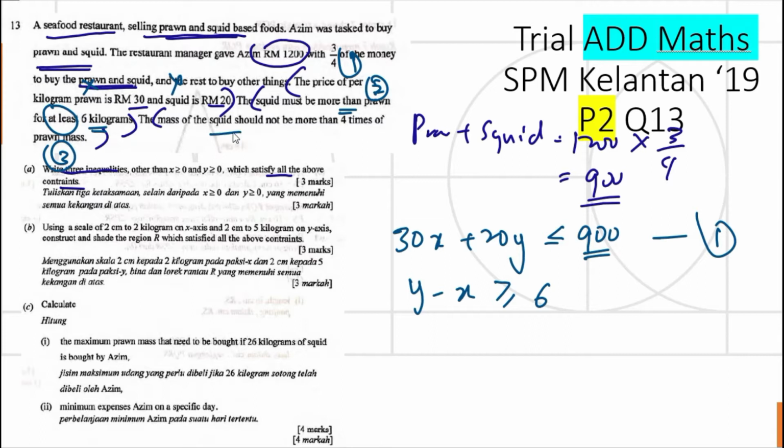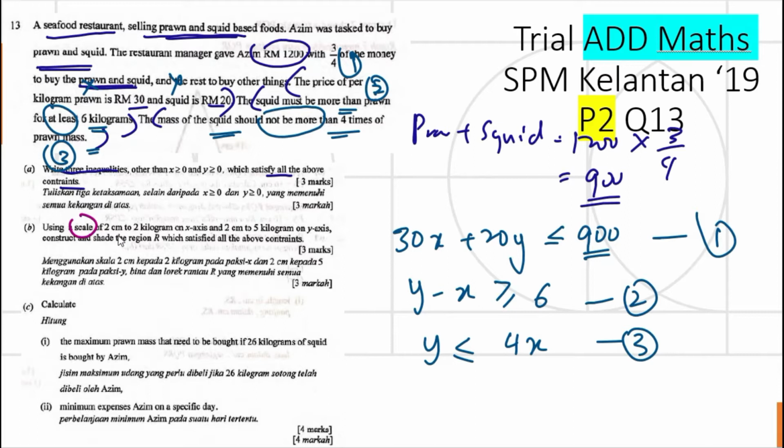The mass of the squid, which is y, should be less than 4 times of prawn, so 4x. So we have 3 linear inequalities.